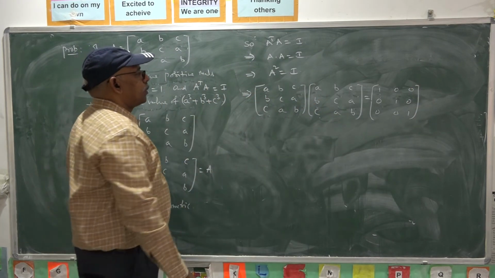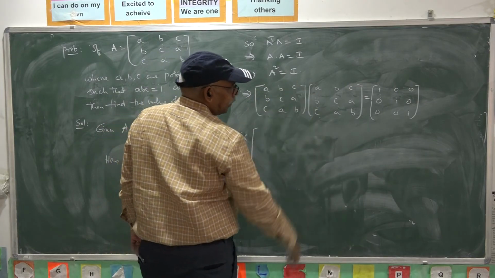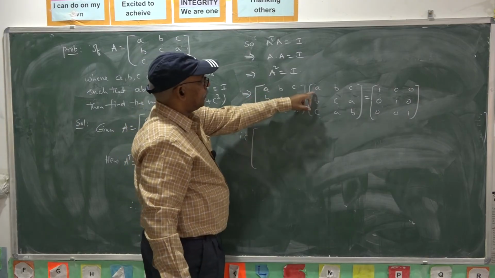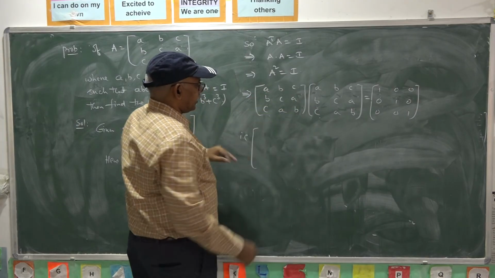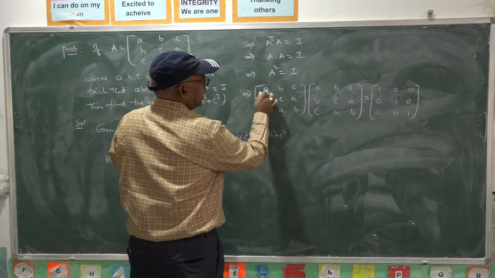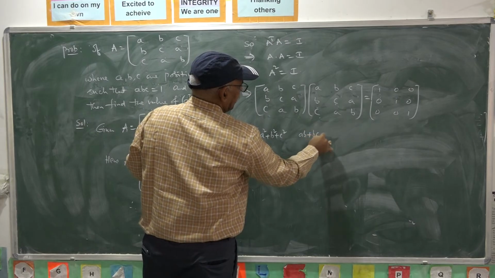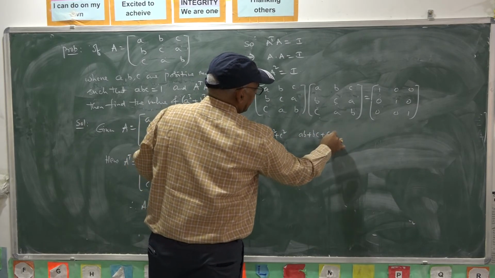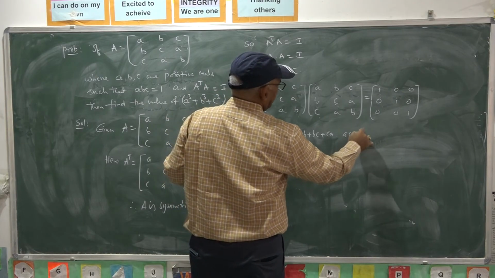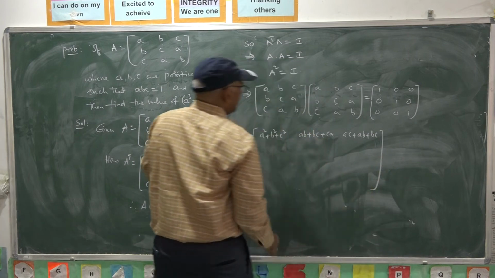Taking the row to column wise product, we get A square plus B square plus C square, similarly AB plus BC plus CA for the first row second column, and AC plus AB plus BC for the first row third column.